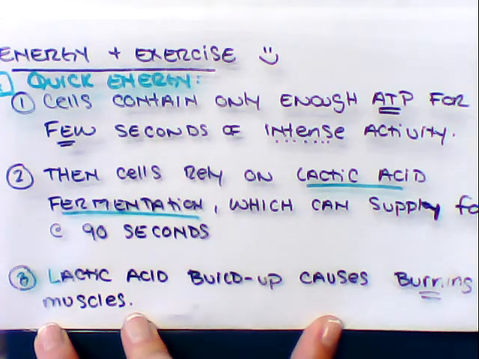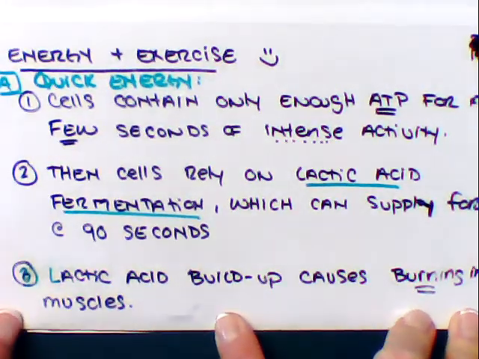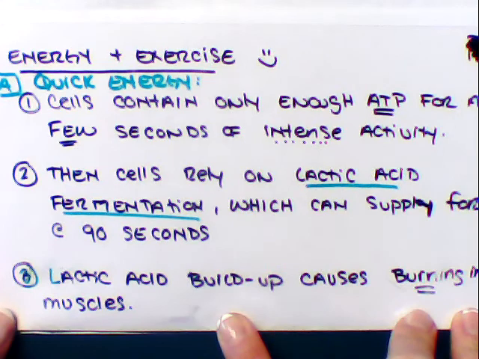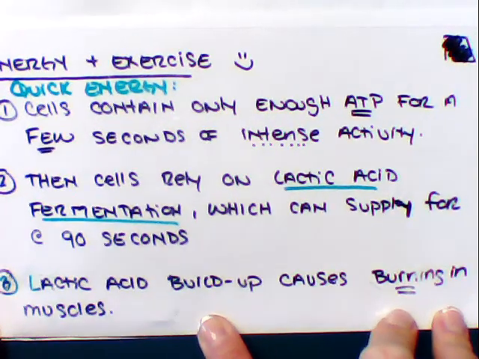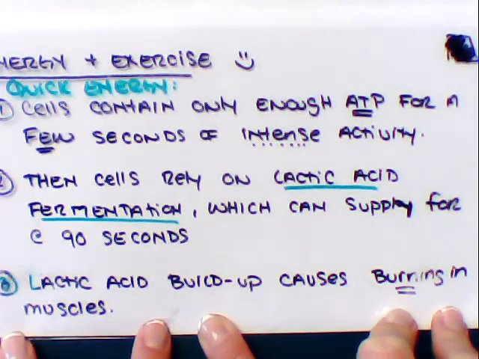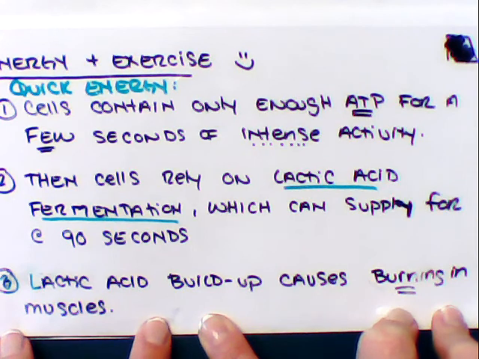All right, so let's go ahead and talk about energy and exercise. Aerobic respiration produces 2 types of energy. One is known as quick energy, and the other one is a little bit more long-term. So the quick energy of our aerobic respiration is number 1, cells can contain enough ATP for just a few seconds of intense energy. We're talking like sprinting, running from a bear, things like that.